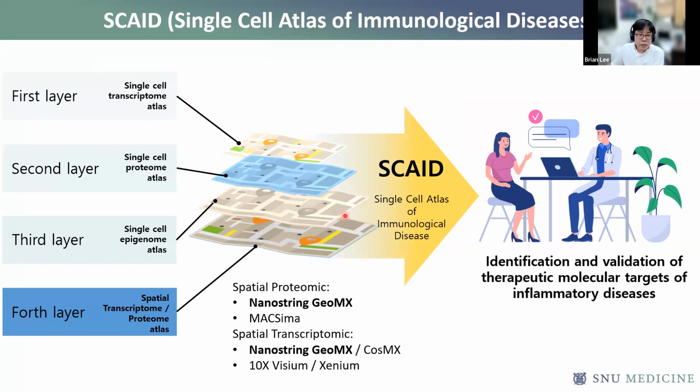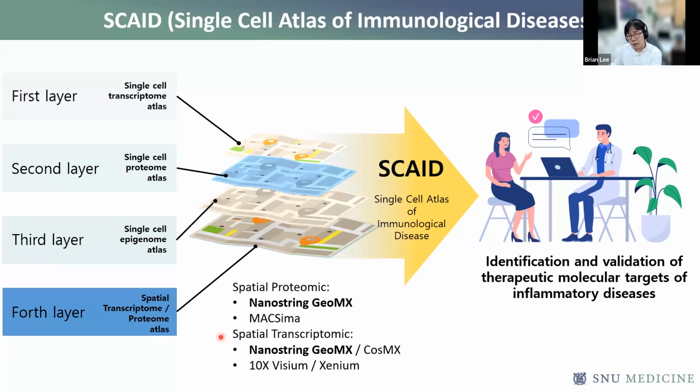And then we incorporate a second layer with a proteome atlas, including single cell proteome data, including mass cytometry or CyTOF. And then a third layer with a single cell epigenome atlas using ATAC sequencing to get at the epigenome information. And then finally, more related to this talk today, is the fourth layer where we'll incorporate spatial transcriptomic and proteomic profiling of these target diseases.